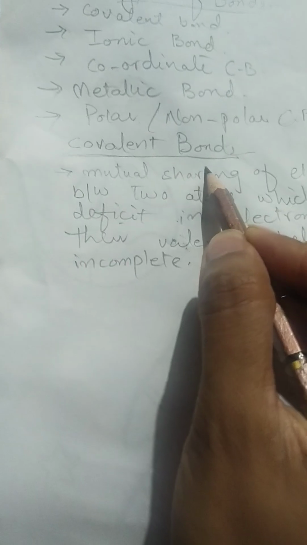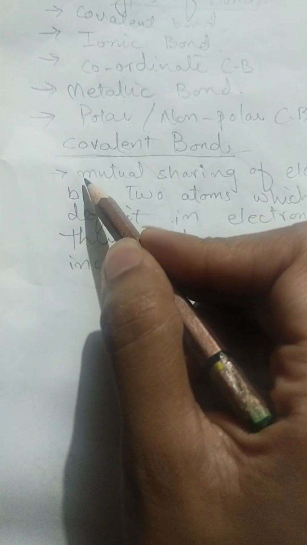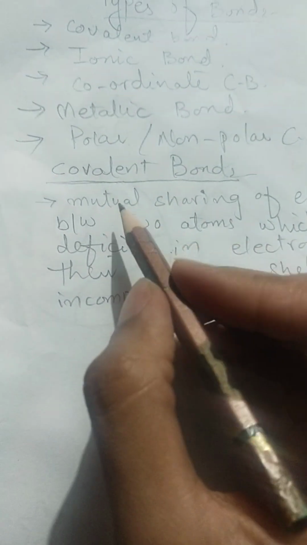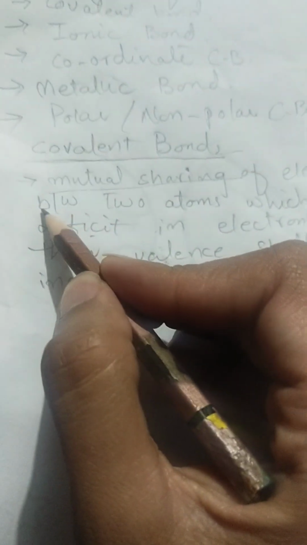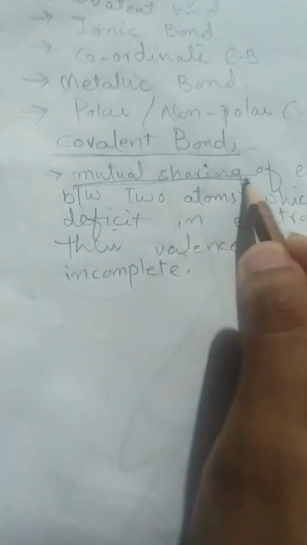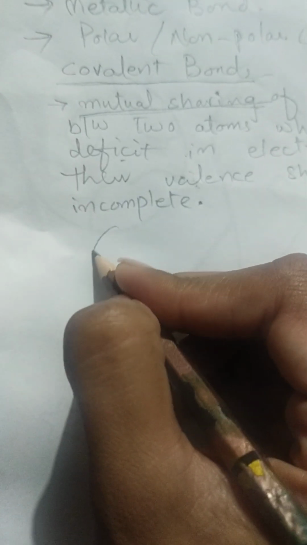If two atoms form a bond and form a molecule by mutual sharing of electrons, then it is called a covalent bond. Like there are two atoms which have incomplete valence shell.